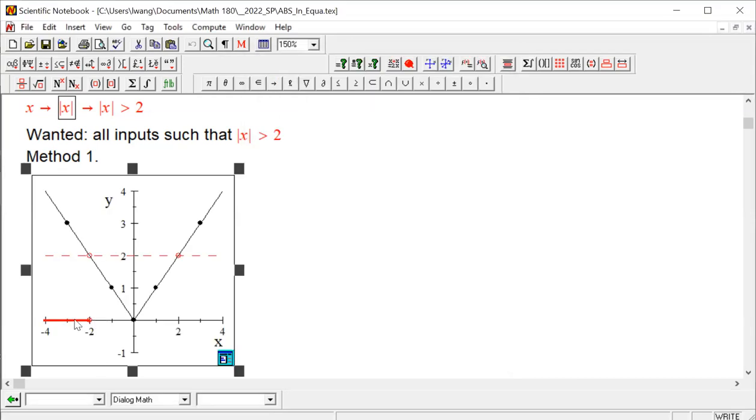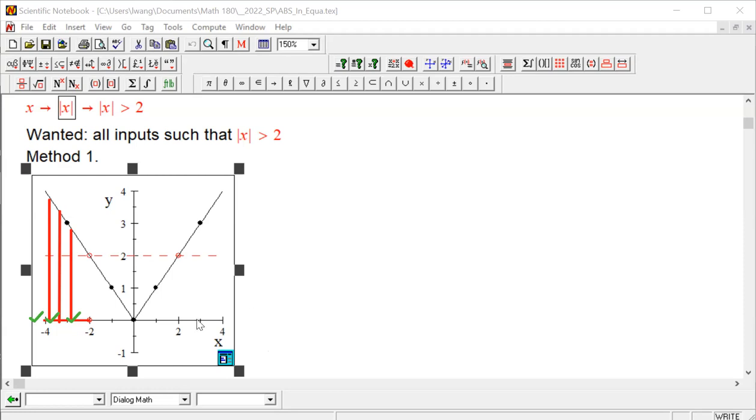Okay, so this tells us that all of these points, their outputs are going to be higher than 2, right? So we know the level of 2. So all of these outputs are higher than 2. So they satisfy the condition. They satisfy this if. So all of these are solutions. But we want to find all of them, right?